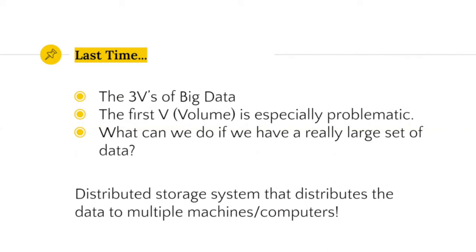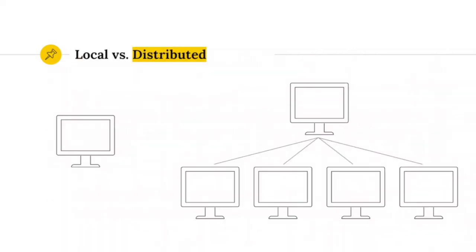And in the context of big data, it is actually more beneficial to do the latter than just going with a single large computer. So here's a comparison between local and distributed computing, and this is crucial for understanding what Hadoop is for.